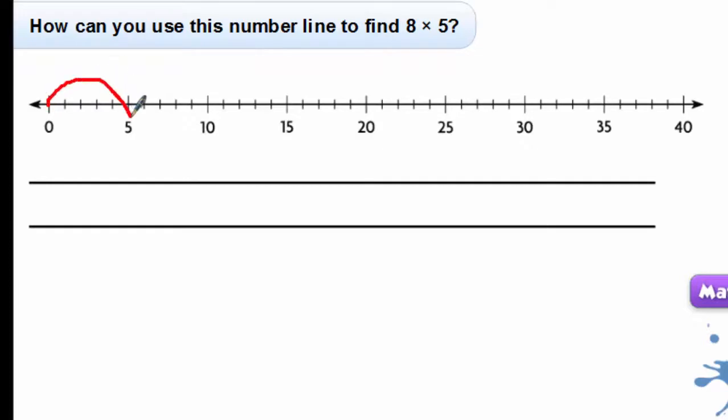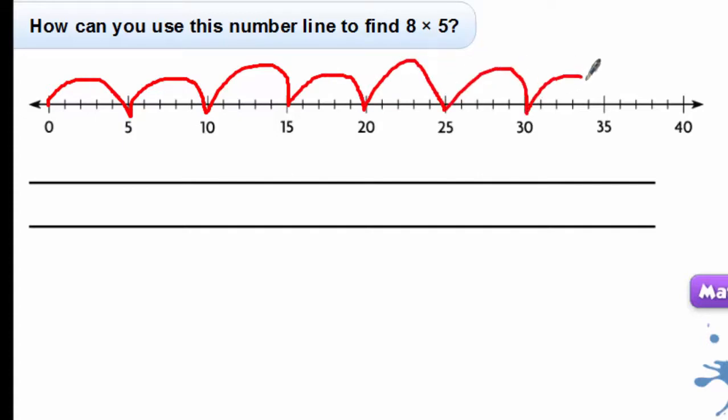So we're going to jump 1, 2, 3, 4, 5, 6, 7, 8. We have 8 jumps of 5. So 8 times 5 equals 40. That's right. Good.